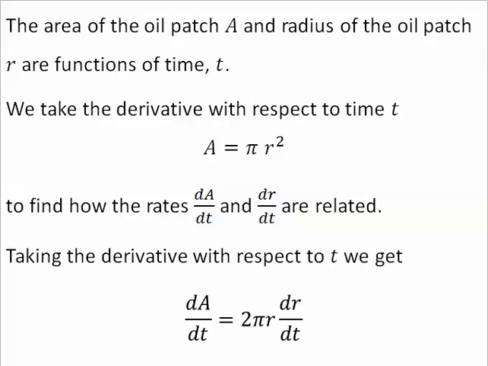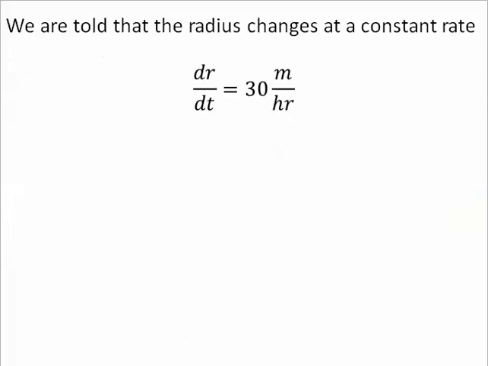Alright, so the derivative of A is dA/dt. The derivative of r squared is 2 times r times dr/dt. Notice how we're using the chain rule. We are told that the radius changes at a constant rate, so dr/dt is always 30.